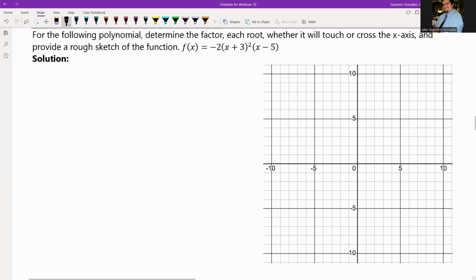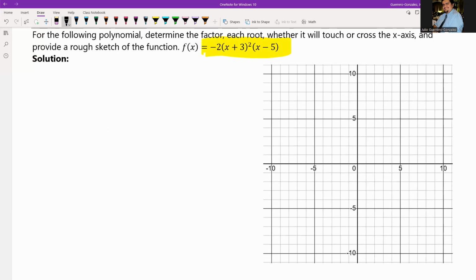Now let me show you guys an example, and this is powerful stuff here. Let's say I was given a polynomial. Here's my function. This is asking us to determine each factor, find each root, and determine whether it crosses or touches the x-axis.